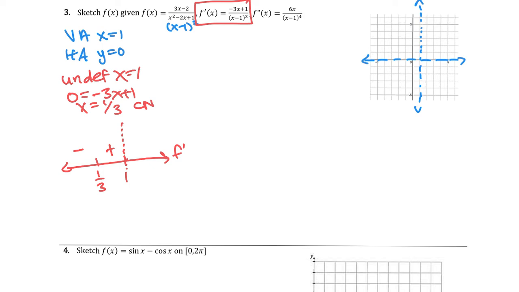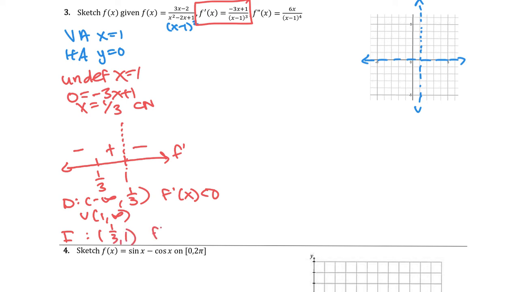And then if I plug in something bigger than 1, like 2, the denominator is going to be positive, the numerator is going to be negative, so I'm going to end up with something negative. So now I know that my function is decreasing from -infinity to 1/3 and from 1 to infinity, since our derivative is negative, and it's increasing from 1/3 to 1 since our derivative is positive.